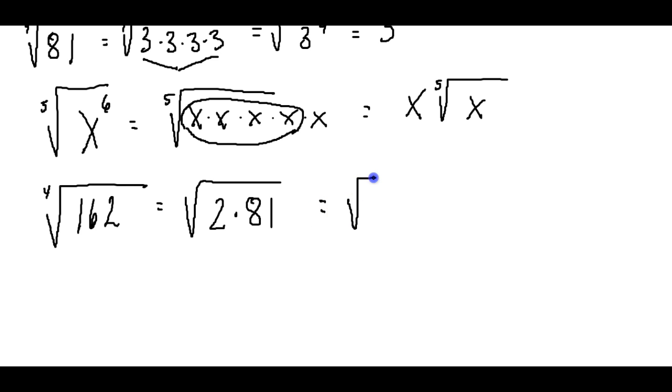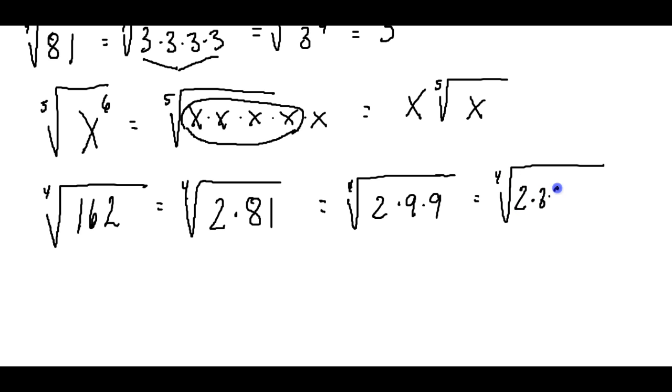Now we have, I just forgot my index number, the 4th root of 2 times 81. We can break that 81 down into 2 times 9 times 9, but that doesn't give us a fourth root. So let's break it down again. Now we have the fourth root of 2 times 3 times 3 times 3 times 3.